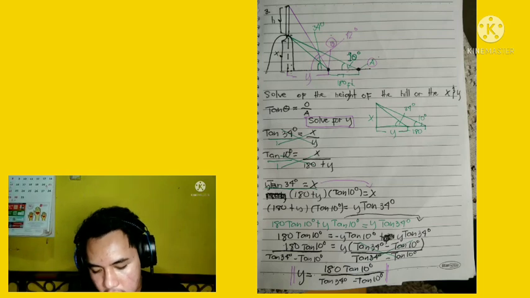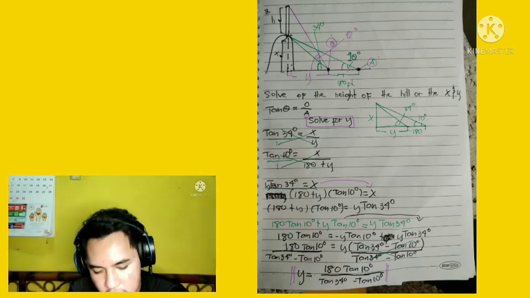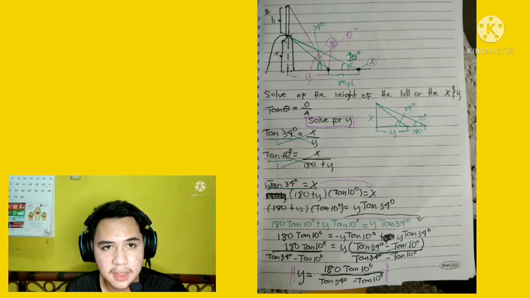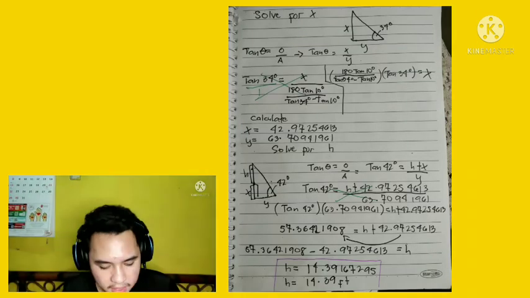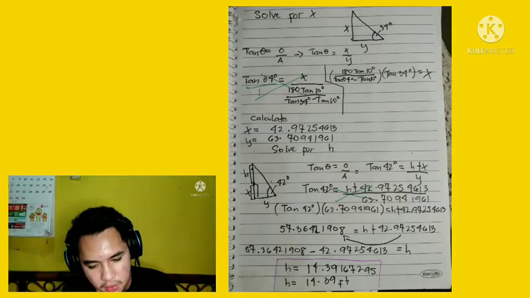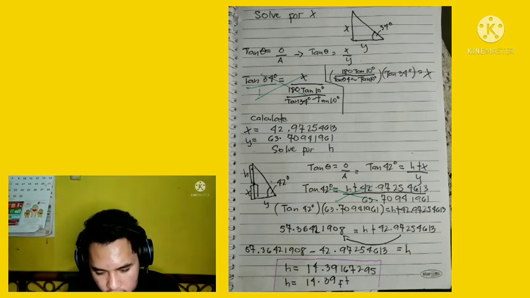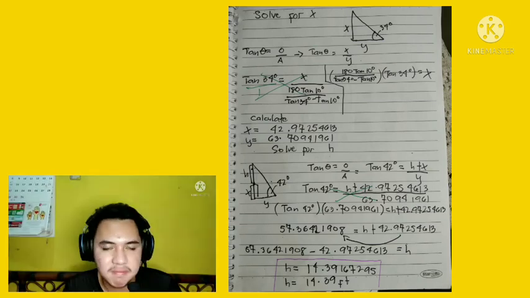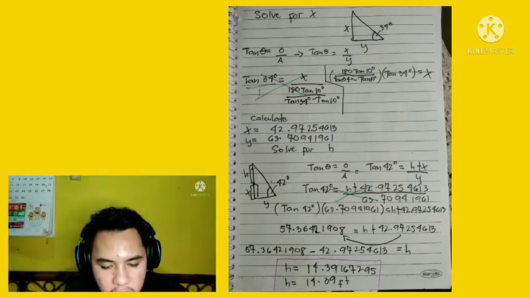We can now multiply both sides by tangent 34 degrees minus tangent 10 degrees to cancel out and get our y. So our y is equal to 180 tangent 10 degrees over tangent 34 degrees minus tangent 10 degrees. I will not simplify this now, so that we will get the amount accurately.